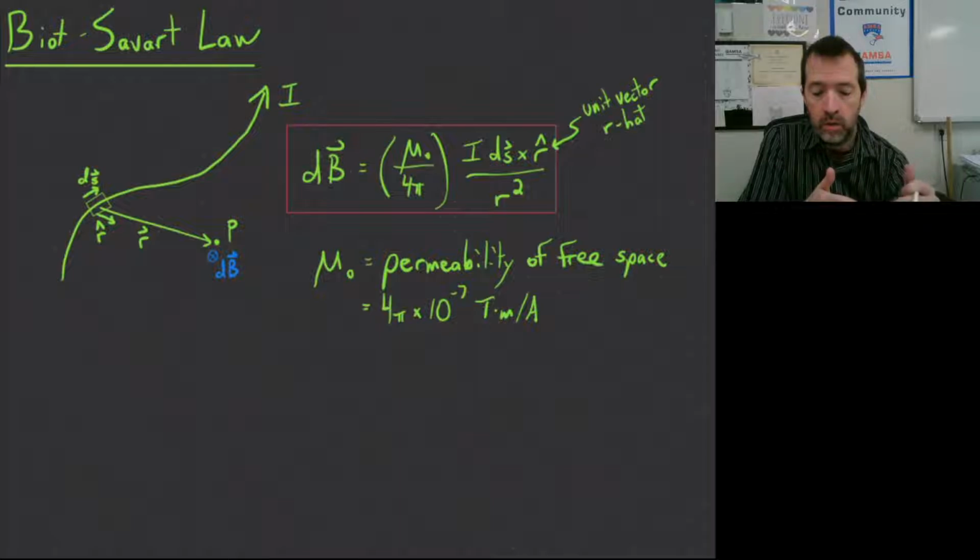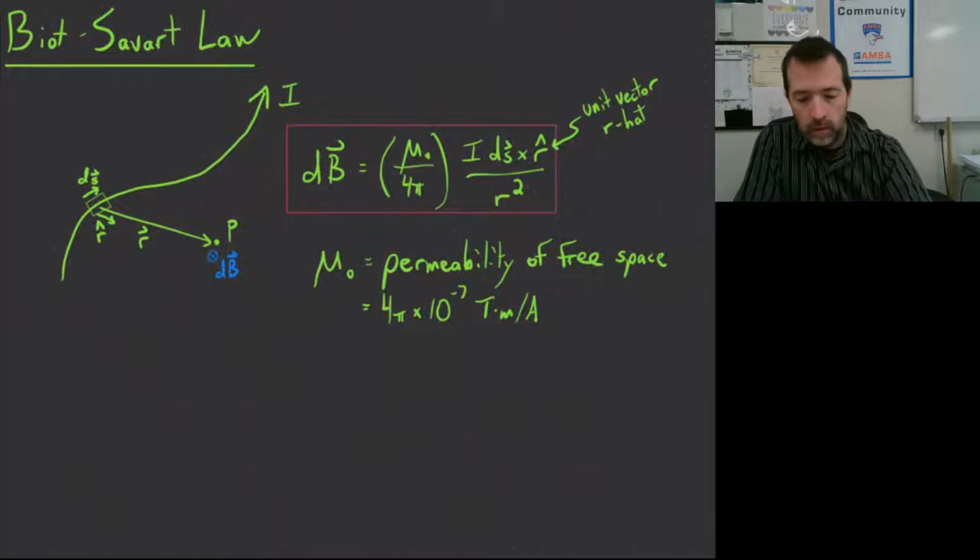So in this cross product, it's being used solely to help determine the direction of the small piece of magnetic field that's produced by this small piece of the current. So if you want to know that direction, again, there's a cross product there. It says ds cross r.